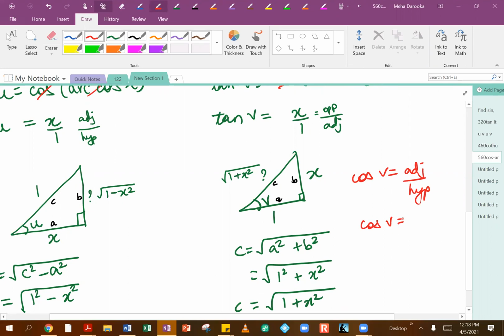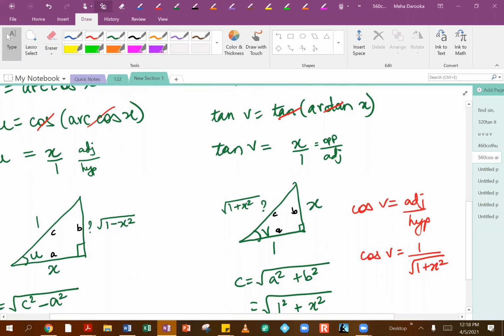Isn't it x over the square root of 1 plus x squared? Yeah, very nice. Very good, Scotty. Yeah, so just use from angle V, sorry, not x, Scotty, you're looking at the adjacent side, so that would be 1 over the hypotenuse, right? So this is what we will be using for our cosine of arctangent of x.